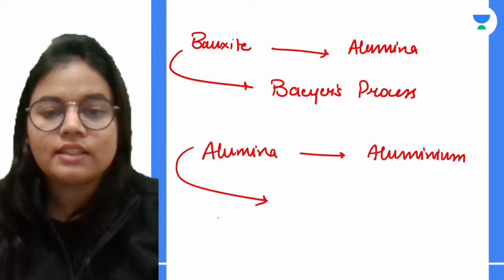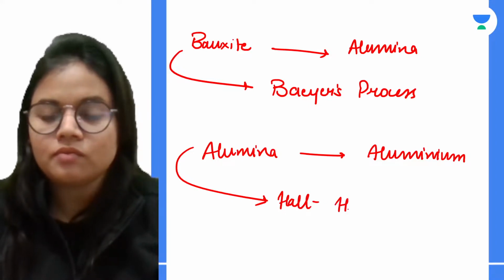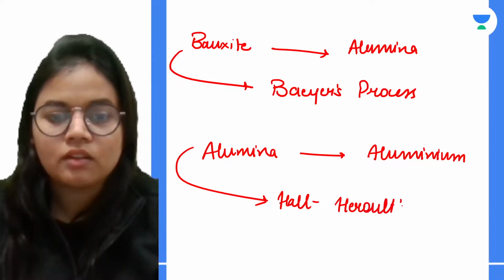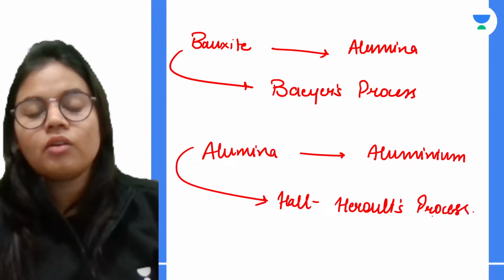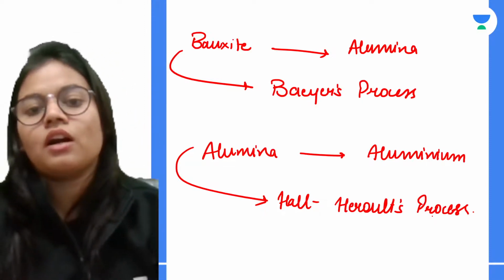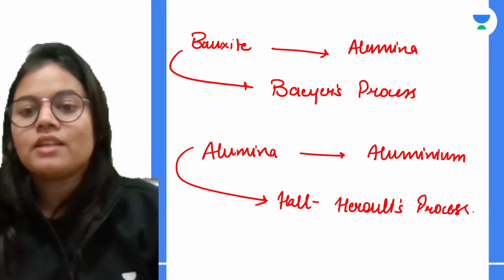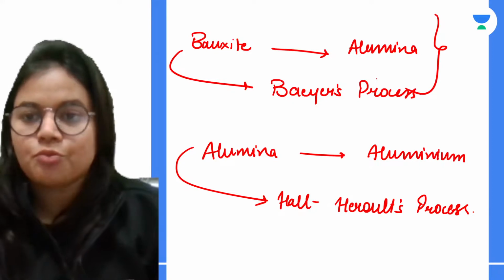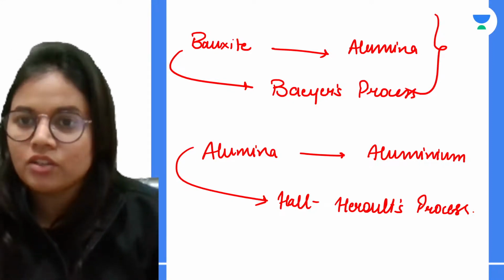This happens in Hall-Heroult's process. So these two processes are going to be a very important part of your examination. Right now, as you know, we learned about Bayer's process. In the next class, we will be learning about the Hall-Heroult process.